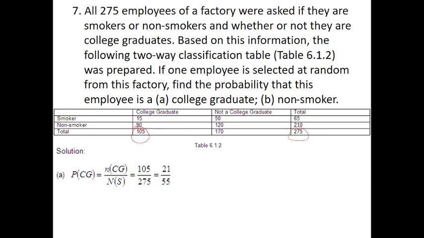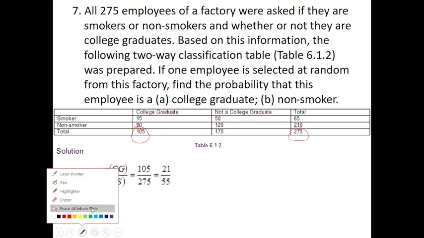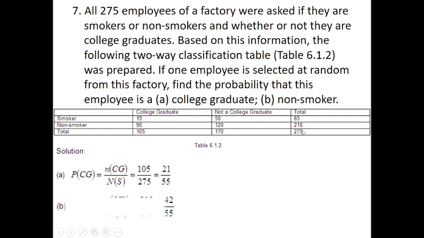Okay? And then, non-smoker. Probability that the employee is non-smoker, number of non-smoker employees based from the table, 210. The number of employees in the factory, 275.